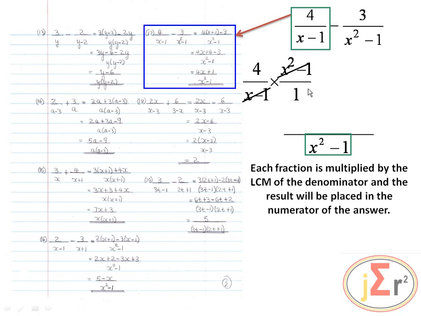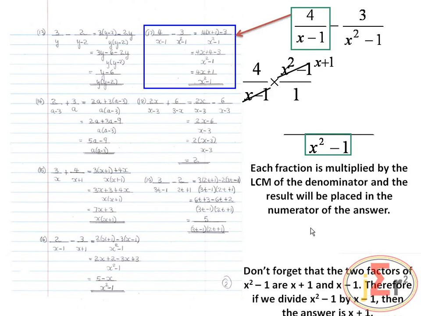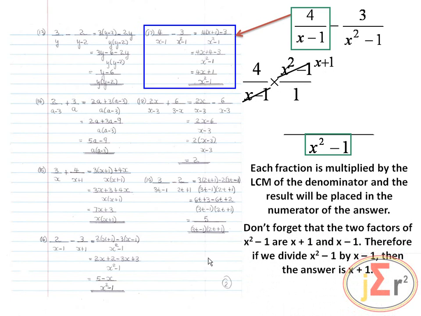Do not forget that this is actually x minus 1 times x plus 1. So x minus 1 will cancel with x minus 1, and x plus 1 will remain. Don't forget that the two factors of x squared minus 1 are x plus 1 and x minus 1.